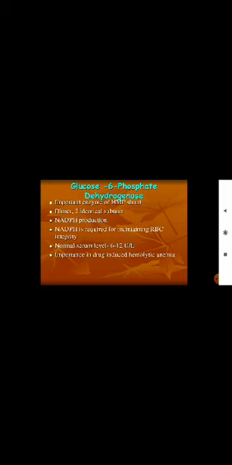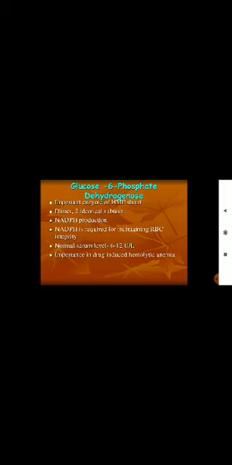Its level is decreased as a result of organophosphorus poisoning. And pseudocholinesterase is found in liver cells, and it is studied in diagnosis of hepatitis.